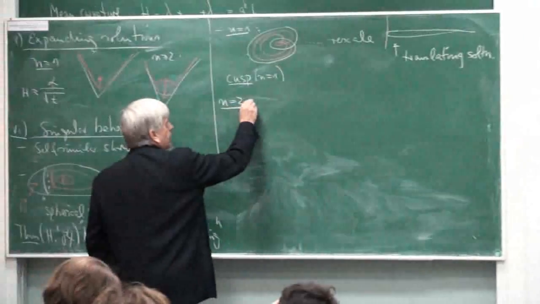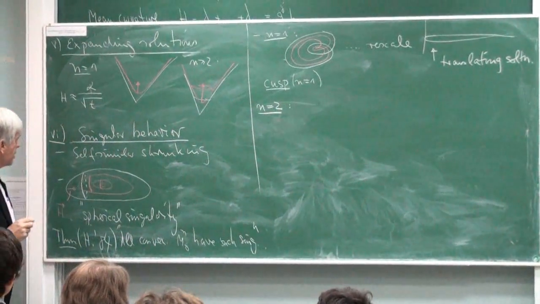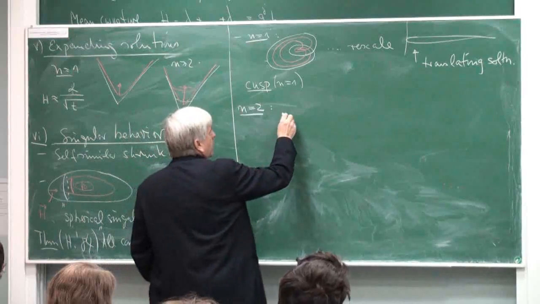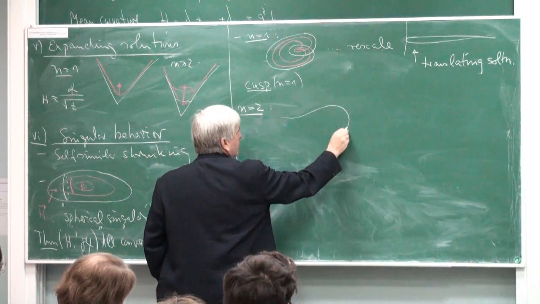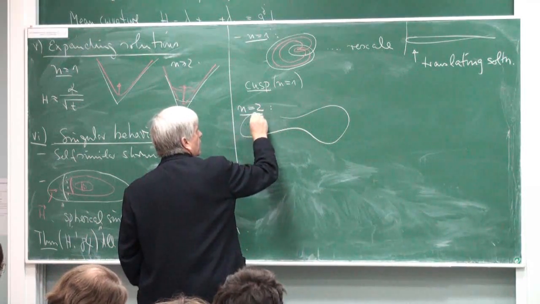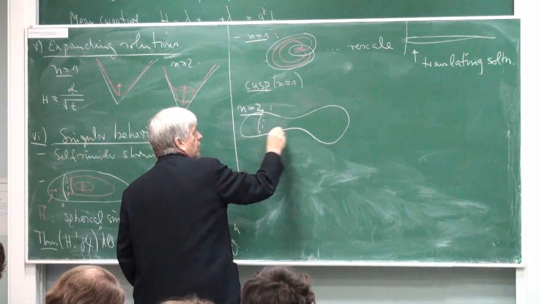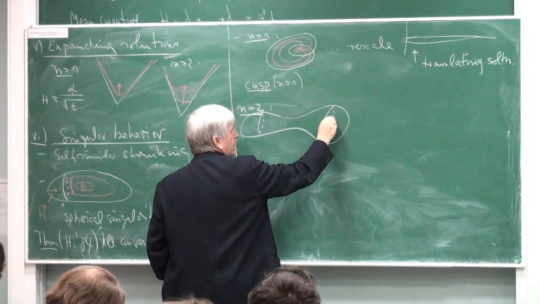Namely, if you go for n, say n equals 2, we have this example. But there's also a picture which looks like this. You have initial surfaces that look like that. I call that a dumbbell shape.